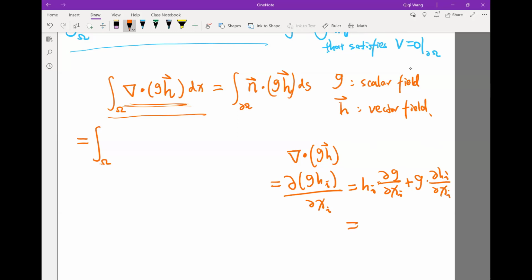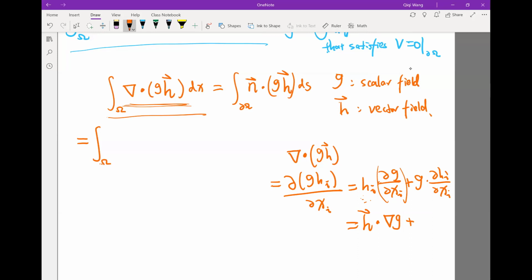So now we can write this back into vector form. G is a scalar function, right? So partial g partial xi, when you look at the 3 components, is actually the gradient. Agreed? And h, being a vector, is now dot producted, because a repeated index means sum over the indices, so it is h dot the gradient of g.